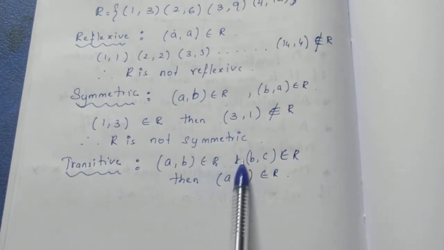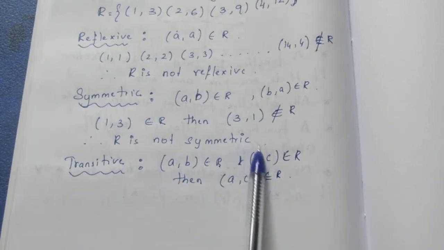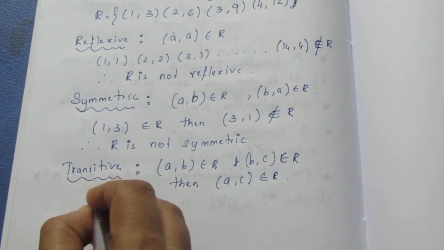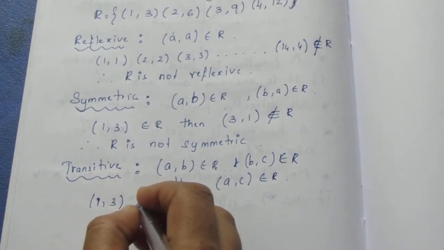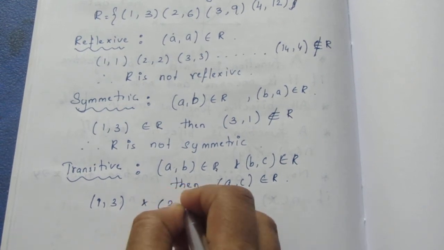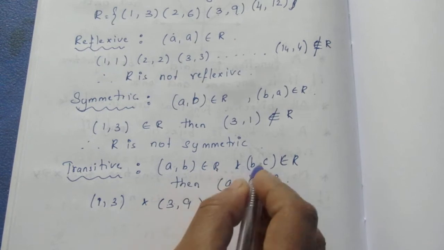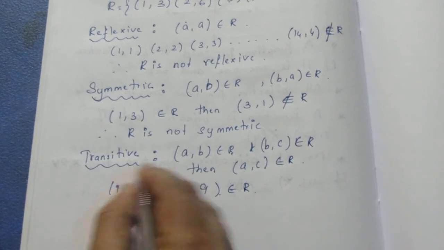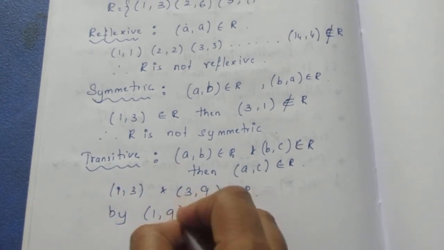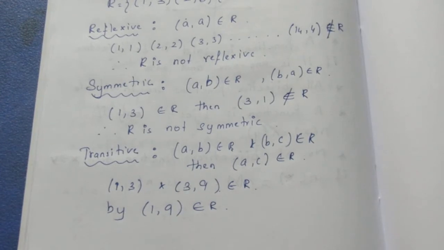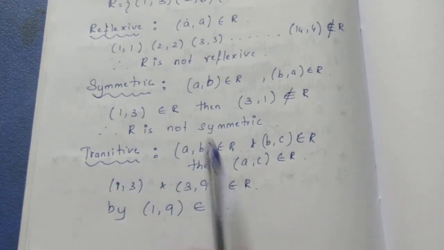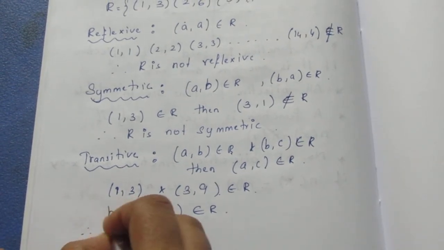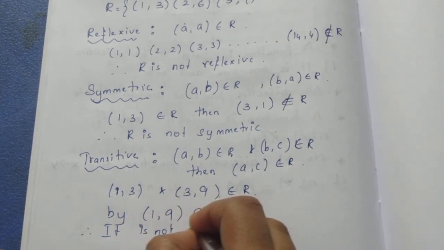Here, if I take 1 comma 3 and 3 comma 9, these two belong to R with the middle elements the same, but 1 comma 9 does not belong to R. There is no 1 comma 9 in R. Therefore it is not transitive.